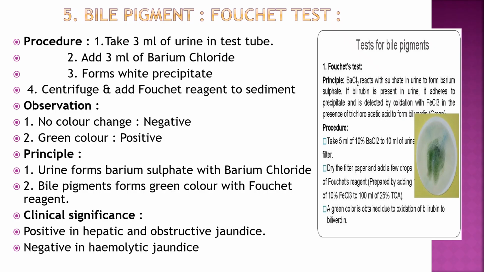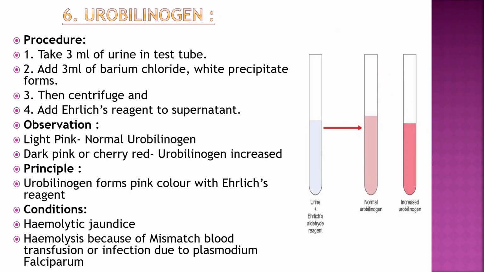So mainly the principle is bile pigments plus barium chloride form a barium sulfate precipitate, and then the bile pigments form green color after addition of the Fouchet reagent. So clinical significance of this test: bile pigment present in urine is seen in hepatic and obstructive jaundice and not seen in hemolytic jaundice.